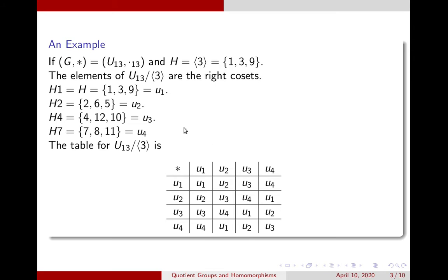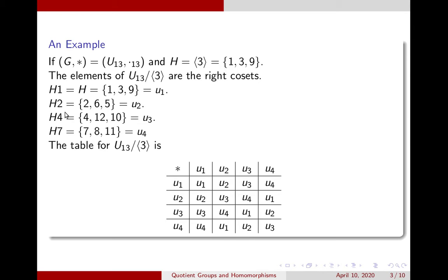So remember, for example, to multiply two cosets, let's say U2 times U3. U2 is the right coset determined by 2. U3 is the right coset determined by 4. So U2 times U3 will be the right coset determined by 2 times 4.